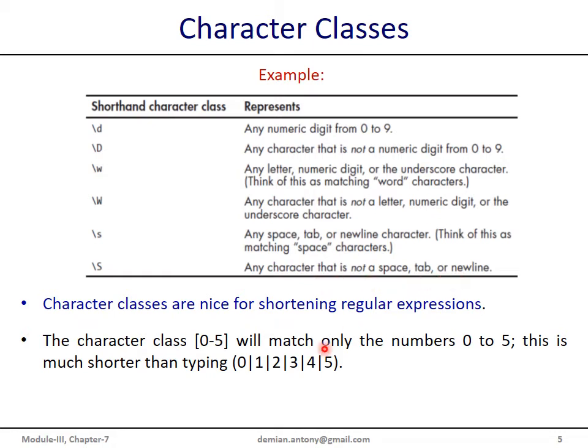Remember, these character classes are very useful to shorten the regular expression. For example, if you use the character class like this, 0-5 with the square brackets, it will match the numbers 0 or 1 up to 5, and this can even be represented with the pipe: 0 or 1 or 2, etc. This is how one can use these character classes to shorten the length of the regular expression.